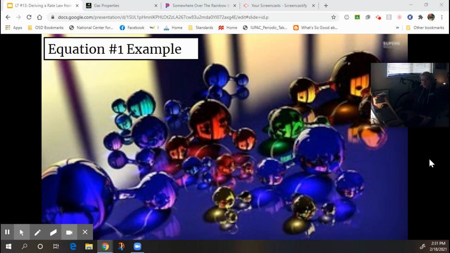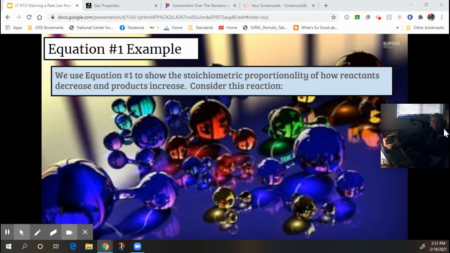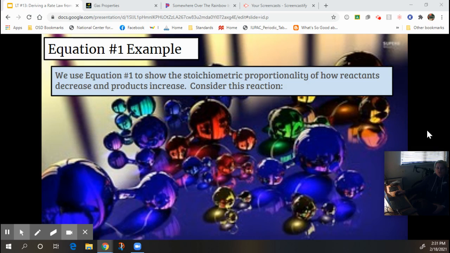We're going to call this equation number 1, because I'm going to introduce 3 equations in this video, and I'm going to title them with numbers so we don't get confused. So we can use equation 1 to show the proportionality of how the reactants and products interact with each other and how the concentration of the reactants decrease and the concentration of the products increase.